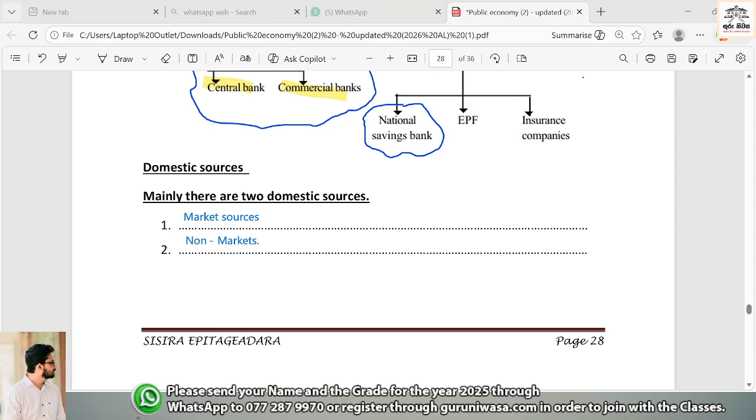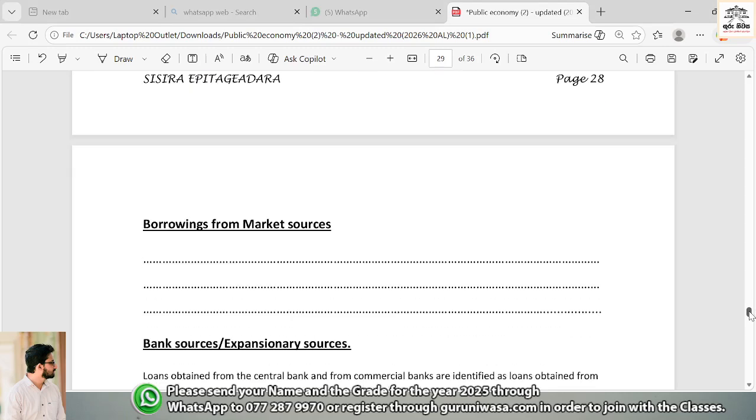Good. Next one, borrowings from market sources. Borrowings from market sources. Put a star mark and write down the definition.